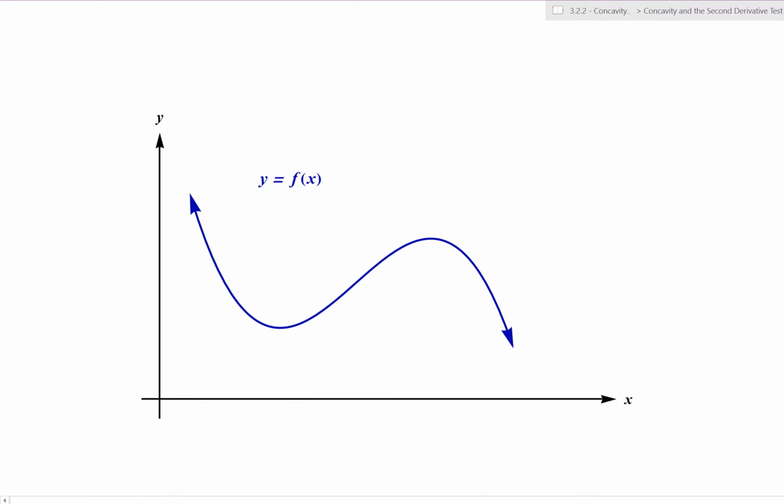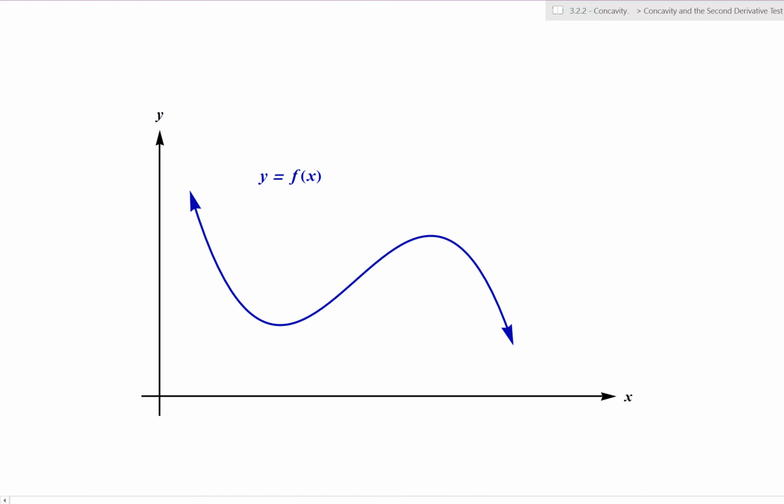How about this graph right here? Something similar, but kind of the other way around. Right around there, let's call that location again x equals c. Then notice for values of x less than c, the second derivative of this function must be positive. Why? Because for values of x less than c, the function is concave up. For values of x larger than c, the second derivative is going to be negative, because over here, it's concave down to the right of c.